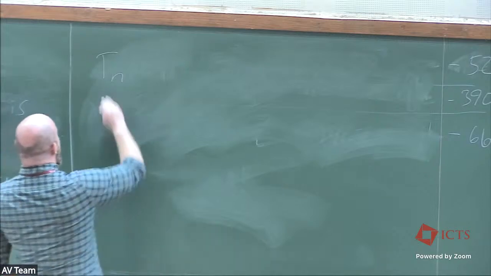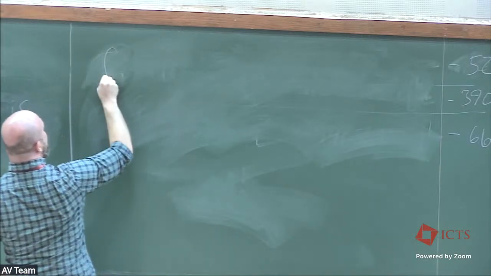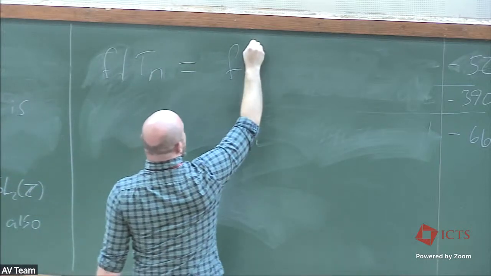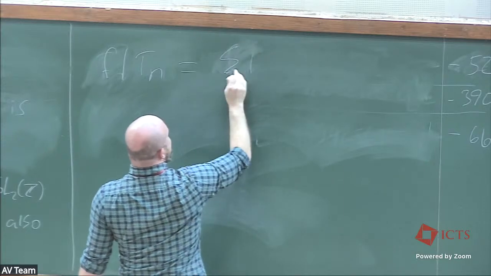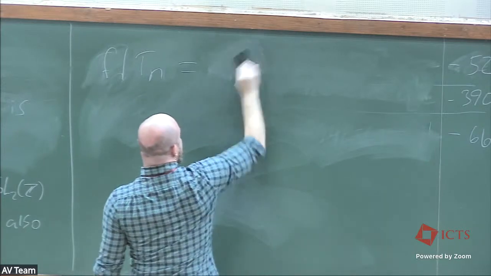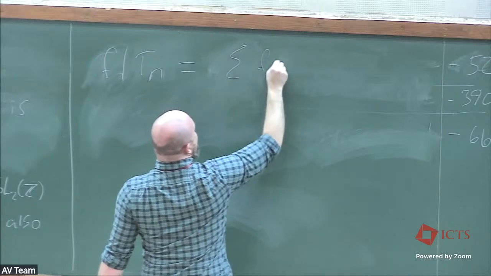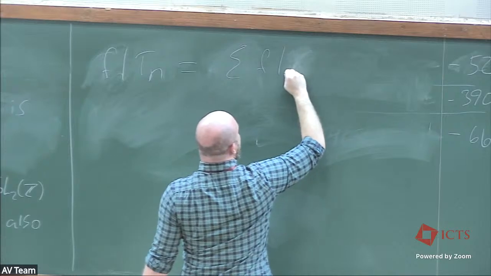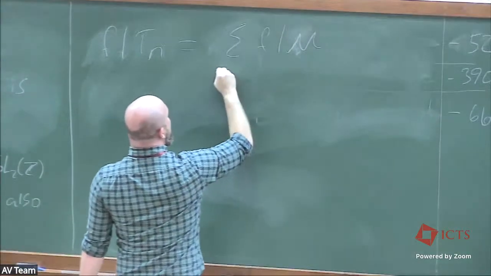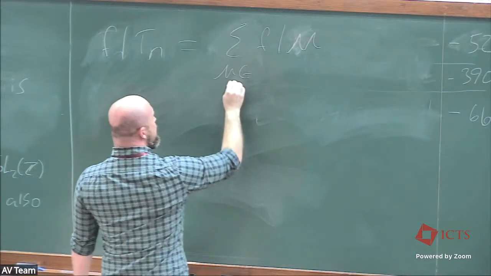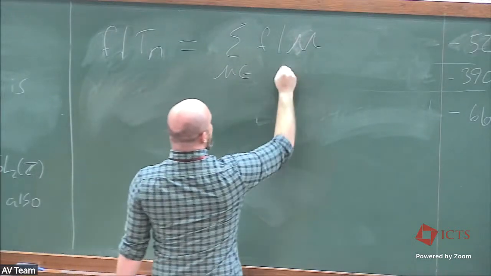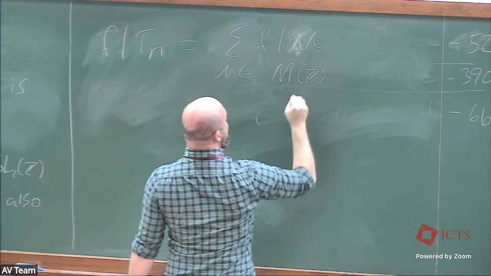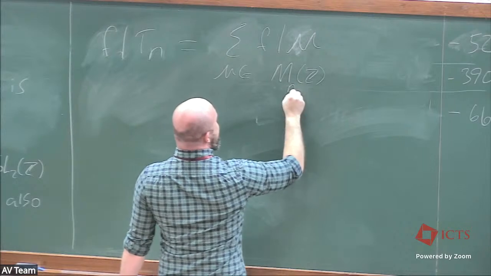But our action for Tn is going to be this action. So we're going to take a sum of f, and we're going to act on it by matrices mu, where these are going to be matrices within cosets. So we're going to start with integer matrices with determinant n.